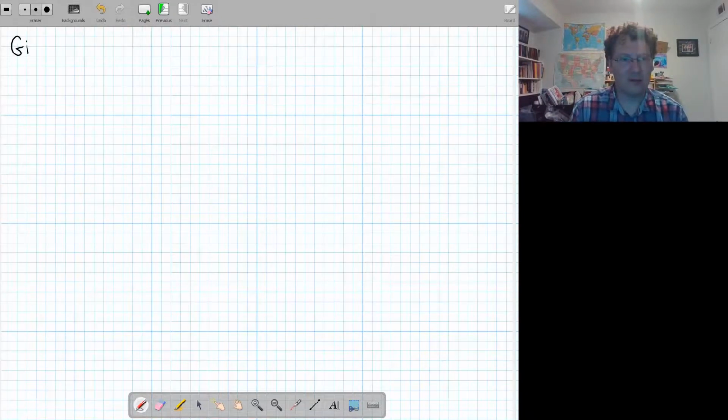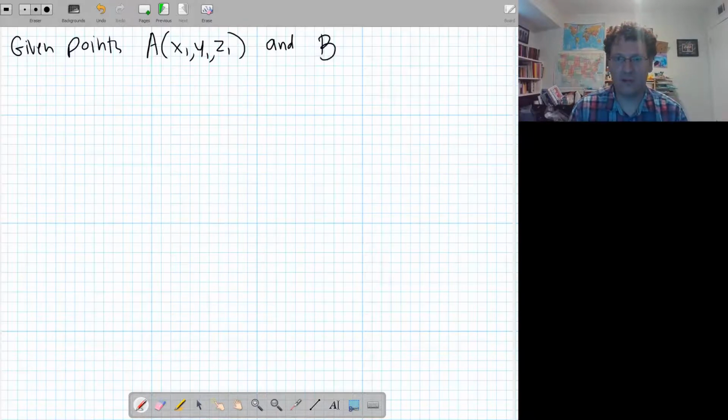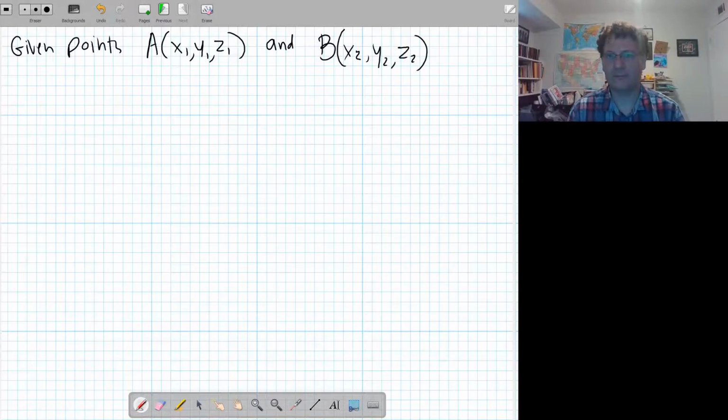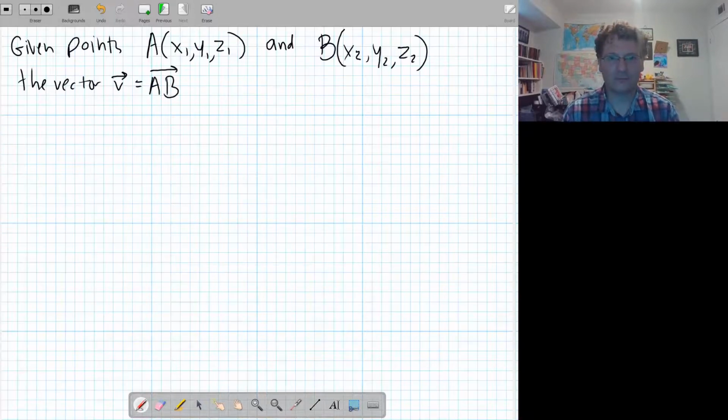Given points A at x1, y1, z1, and point B, which is at x2, y2, z2, the vector v, which is the same as vector AB, has components that can be written like this.